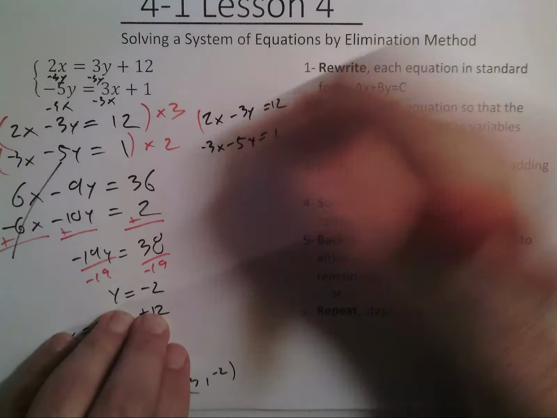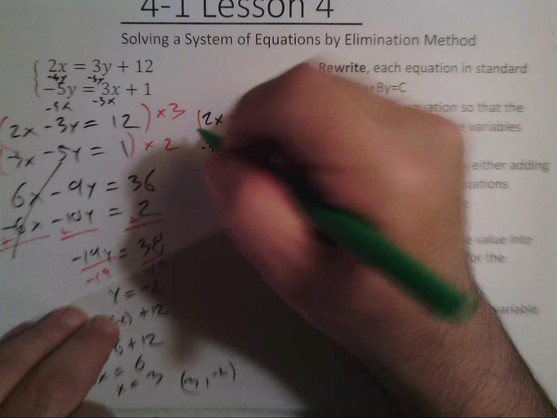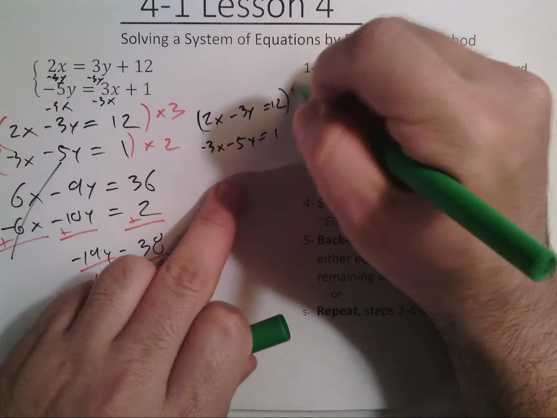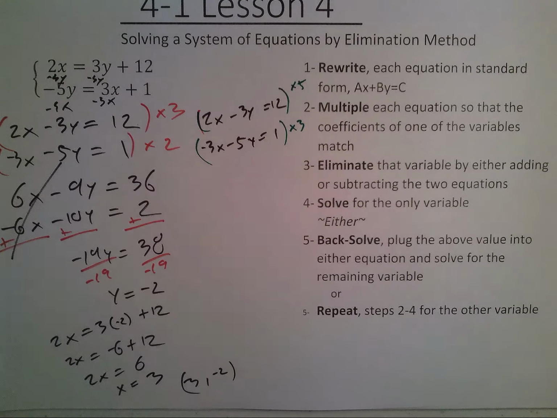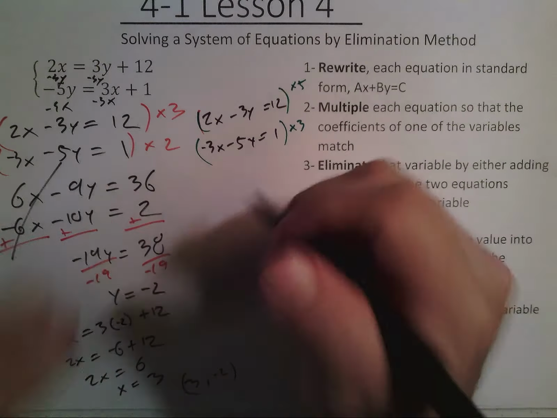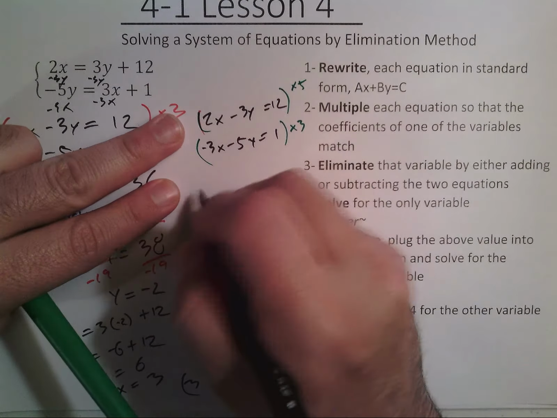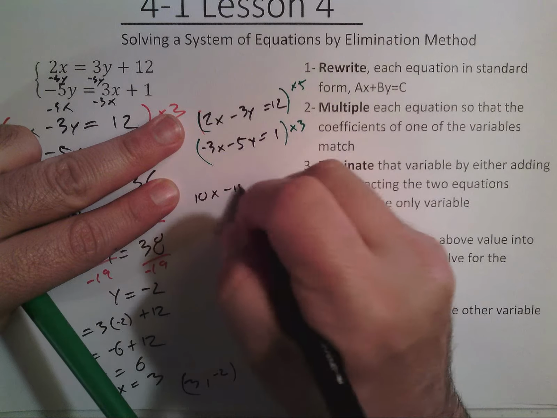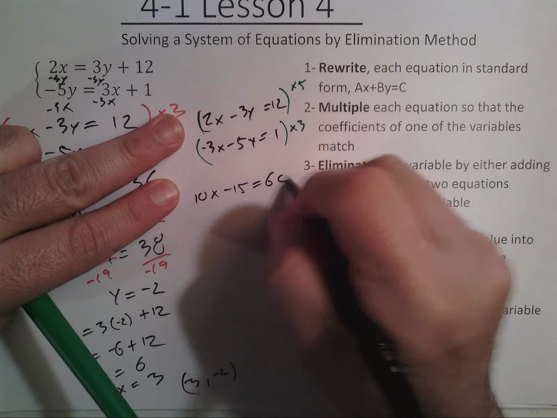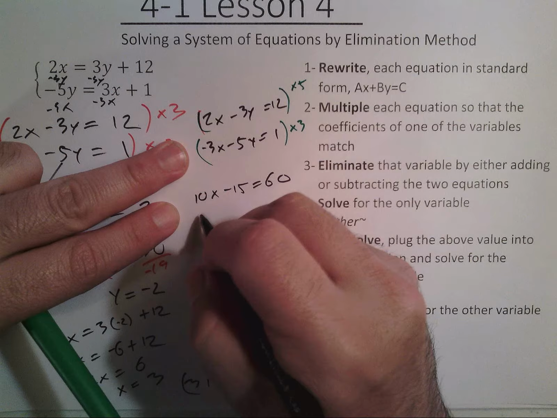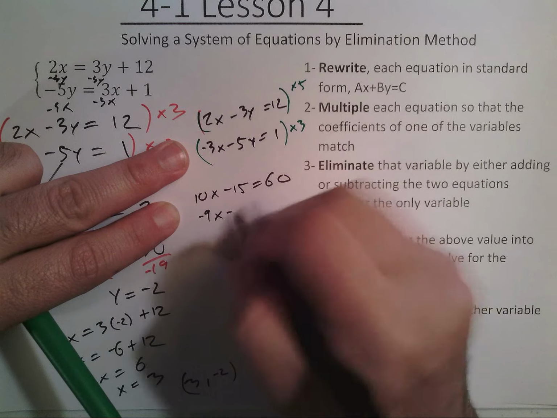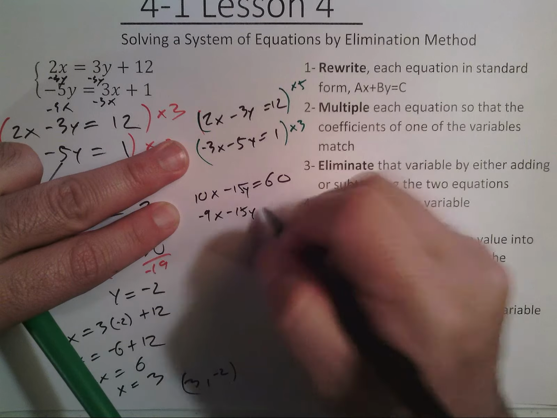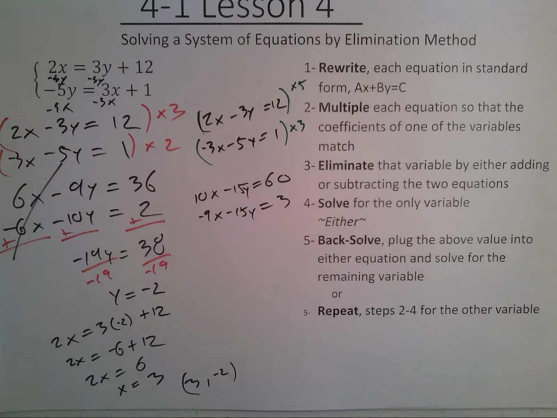So if I multiply the top equation by 5, and I multiply the bottom equation by 3, I would have instead gotten the two equations 10x minus 15y equals 60, and my second equation would have been negative 9x minus 15y equals 3. So now my y's match.